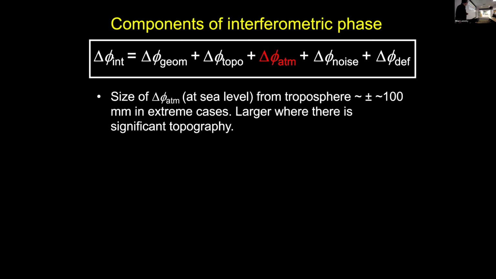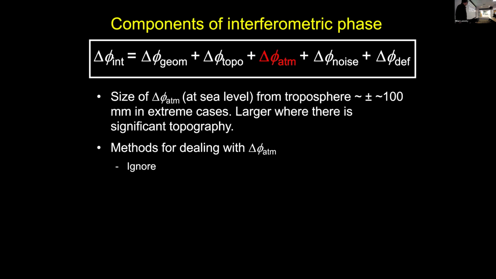Okay. So just to summarize the troposphere, you get plus or minus 10 centimeters of signal in extreme cases. It can be even bigger than that where there's significant topography, if you're looking across the Himalayas or other big structures. So how do you deal with the troposphere? You can ignore it, which is still quite common.